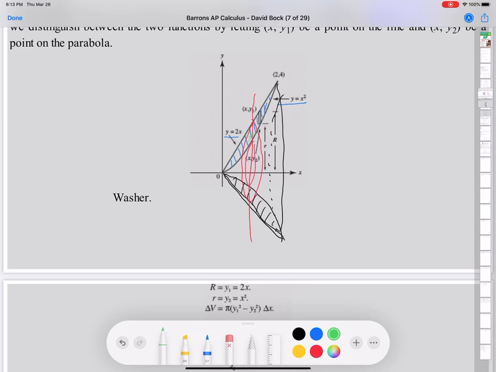So we have to find the area of that green region. How can you find that area? The bigger circle's area first: pi R squared, minus the smaller circle's area, pi r squared.